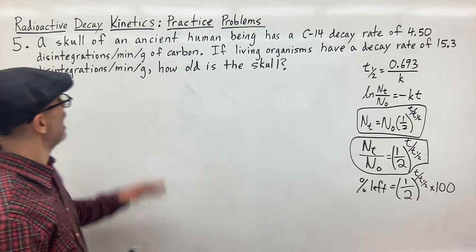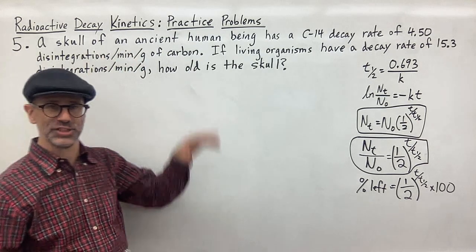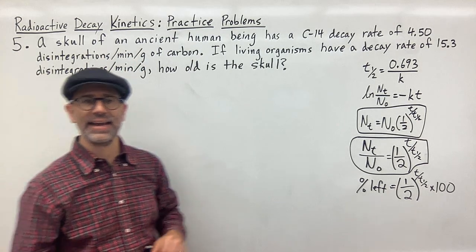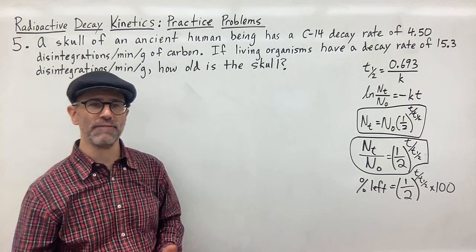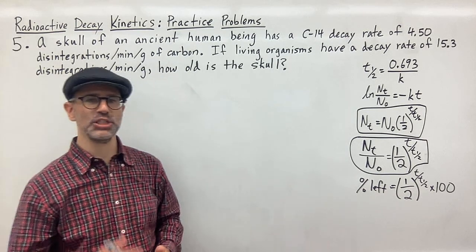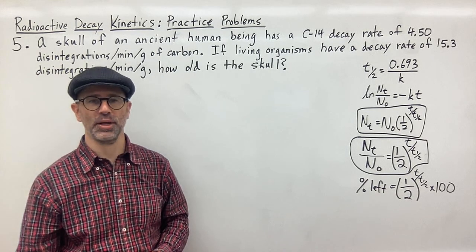So here we have an ancient human skull, and it is measured to have a C14 decay rate of 4.50 disintegrations per minute per gram of carbon.